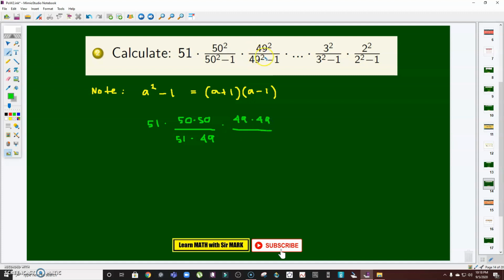Similarly, yung 49 squared minus 1, that will become 49 plus 1, that's 50, times 49 minus 1, that's 48. Next, if I'm going to continue this, magkakaroon ako ng 48 squared, so that's 48 times 48, all over 48 plus 1 times 48 minus 1. There you go. And so on. Lastly, 2 squared yan, that will be 2 times 2, all over 2 plus 1, so that will become 3, 2 minus 1, that will become 1.